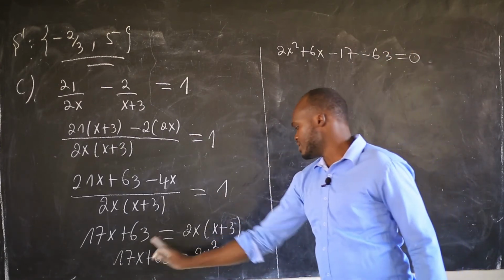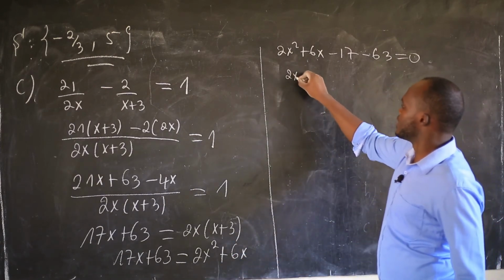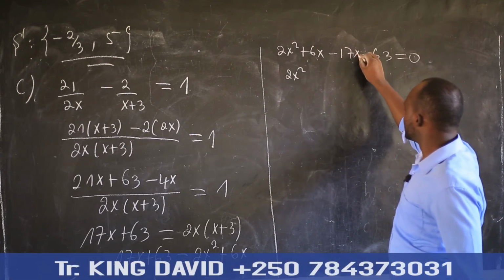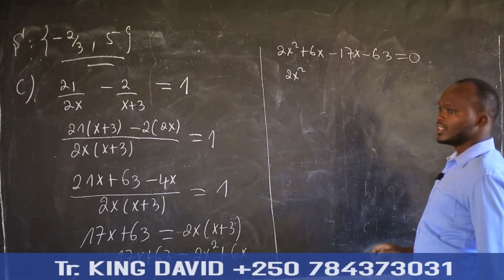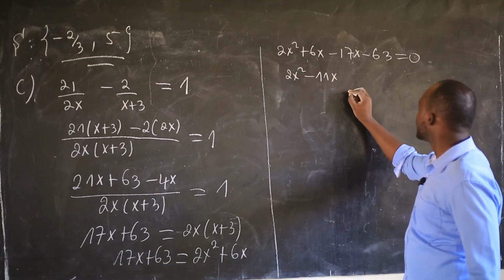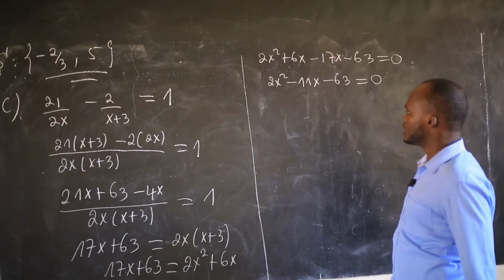We are bringing this on this side, so here we stay with 0. So that is 2x squared. 6x minus 17x, we're remaining with negative 11x minus 63 equal to 0.